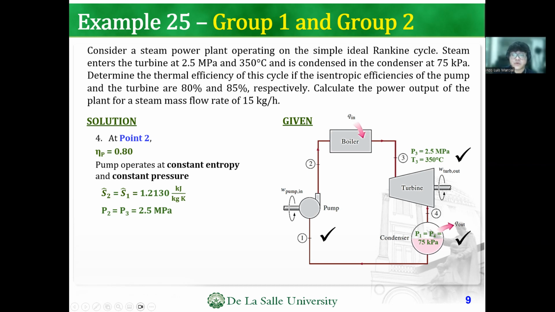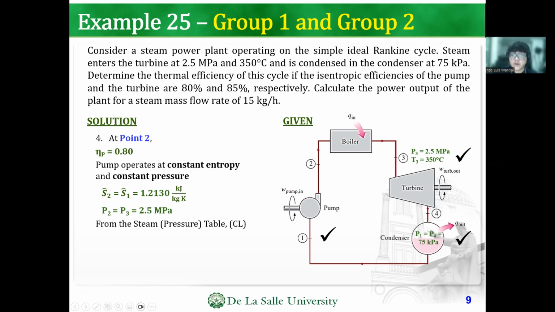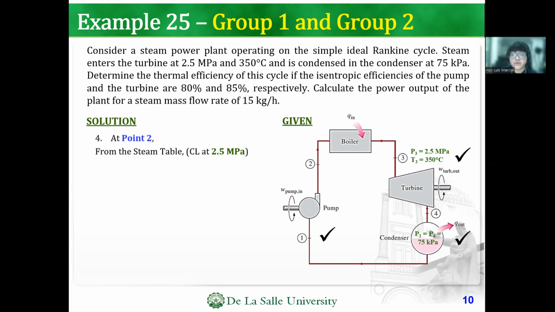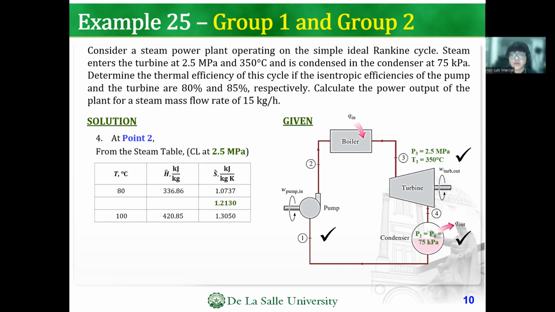To further prove that the process is a compressed liquid, we find the saturated entropy value at 2.5 megapascals in the steam table and find out that the saturated entropy is greater than the entropy from point 2. From here, we perform interpolation to find the closest isentropic temperature and enthalpy that relate to the entropy.